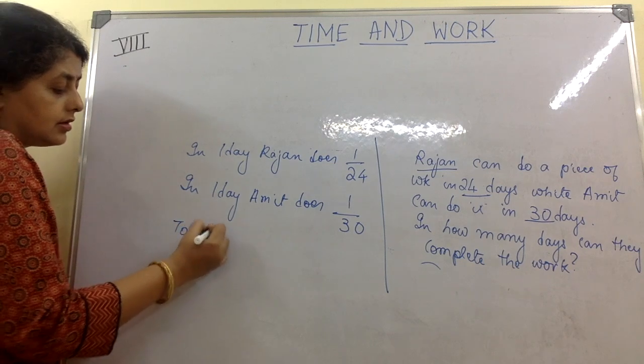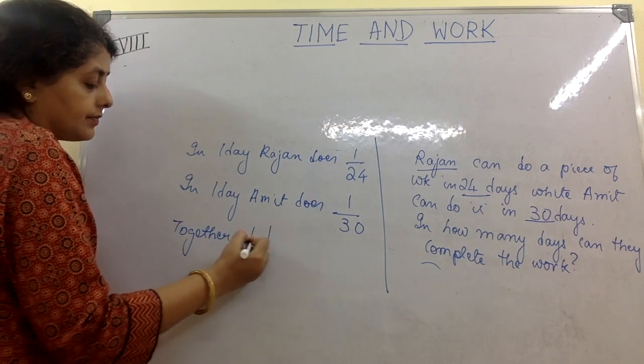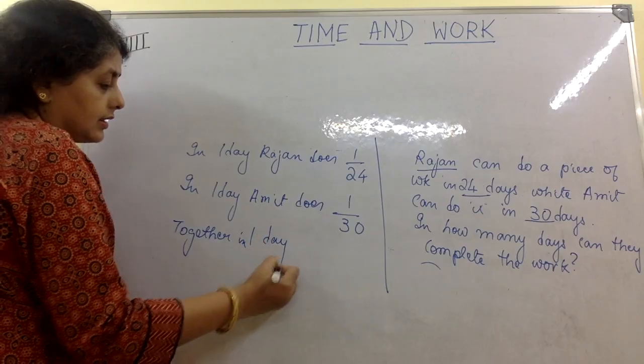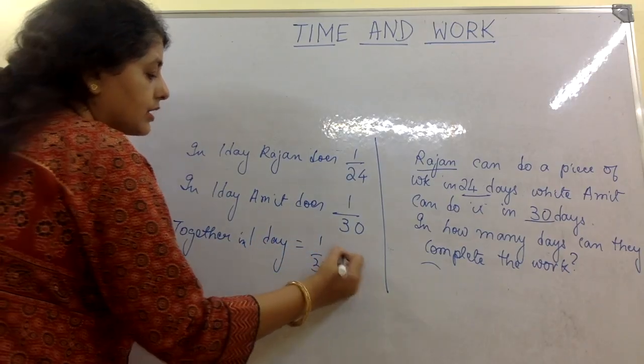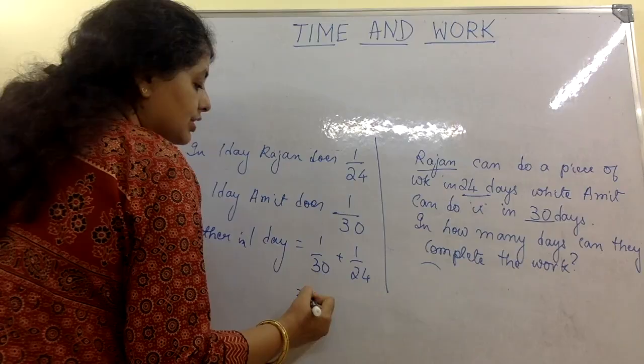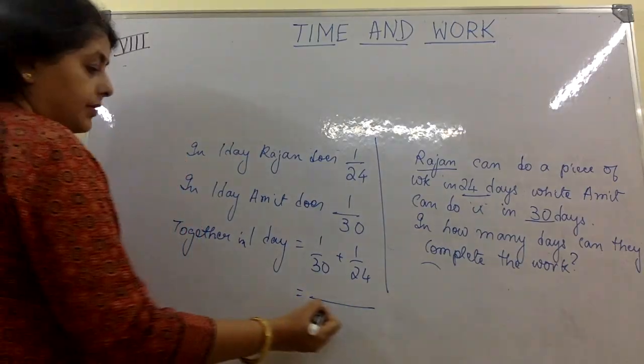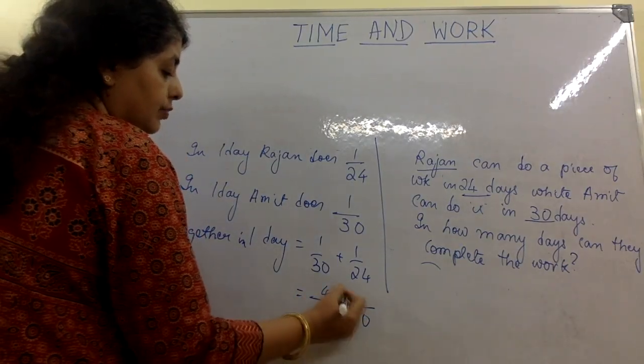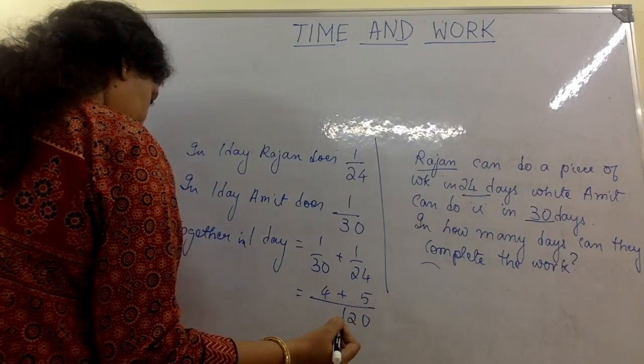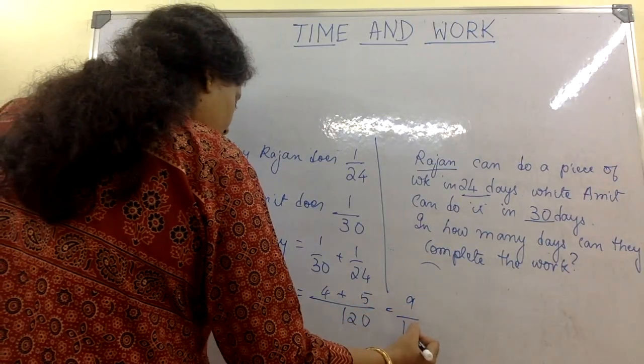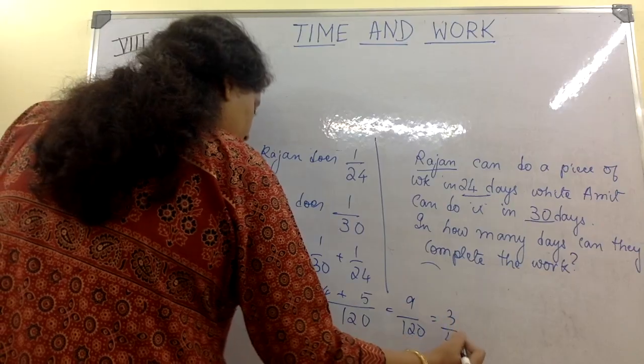Together, in 1 day, they are doing 1 by 30 plus 1 by 24, which is 4 plus 5, which is 9 by 120, which is 3 by 40.